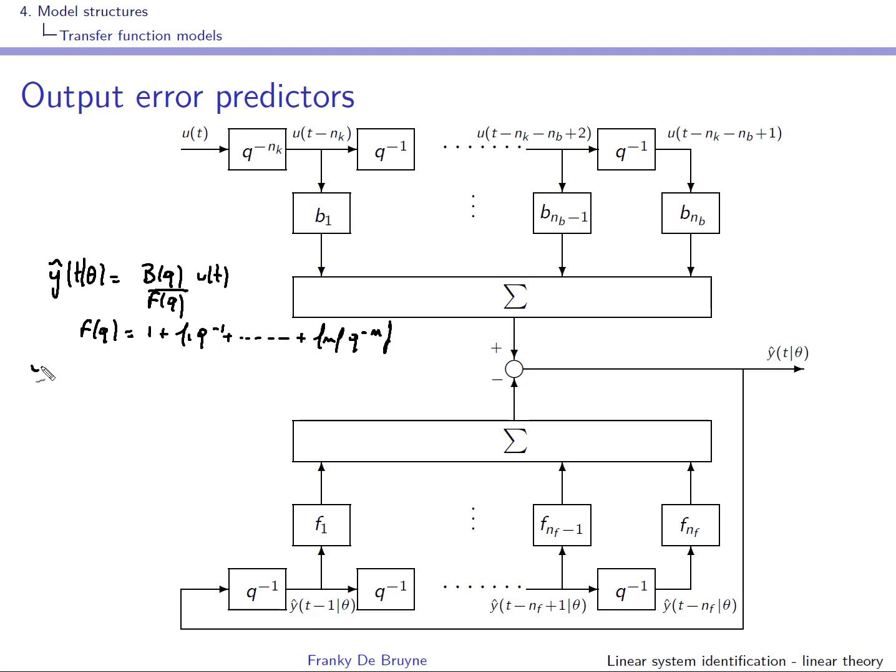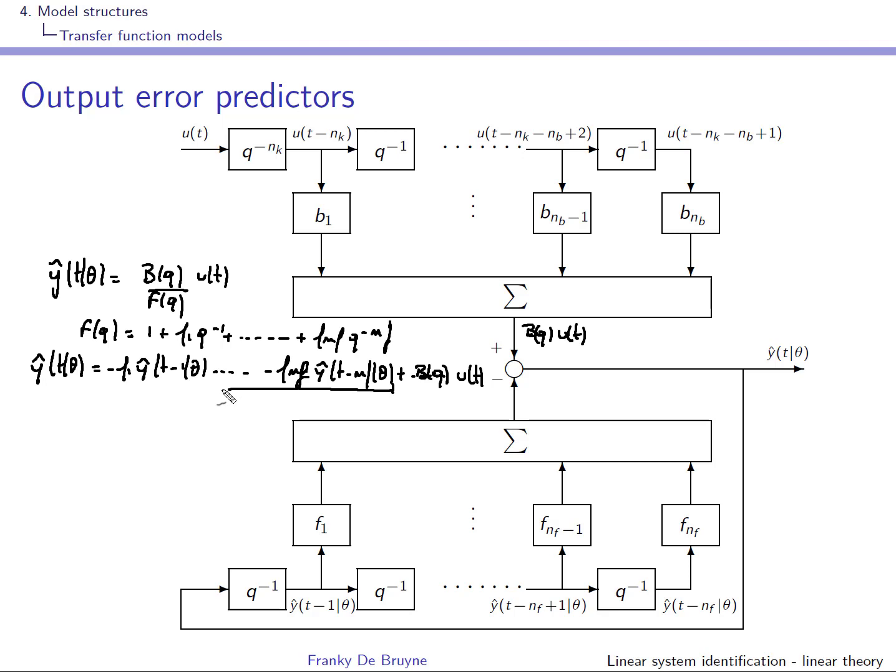Okay, so you can write y hat as minus f1 y hat t minus 1, etcetera, up to minus fnf y hat t minus nf, and then you add, of course, this part over here, and I'll call it simply bq u of t. So bq u of t, you can see it over here, and this part over here corresponds to the part that you see over here.